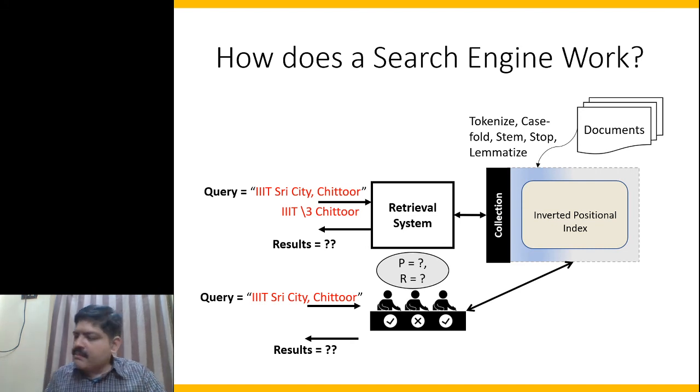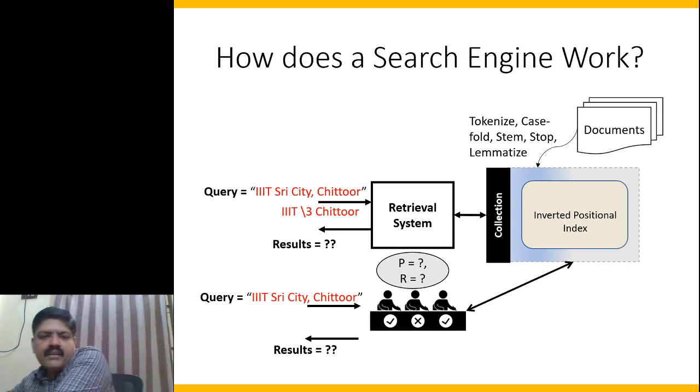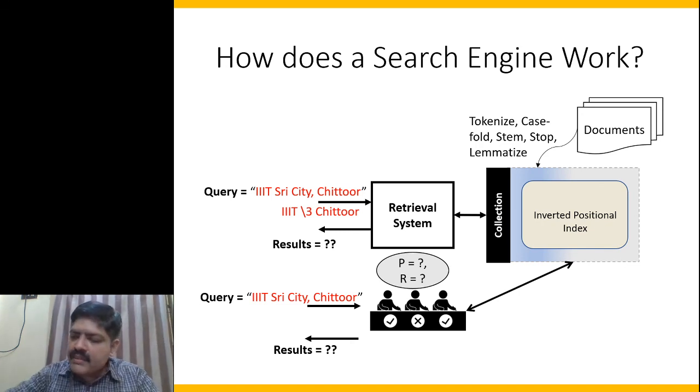So let me summarize where we are at the moment. We are building a retrieval system, and the retrieval system's job is to match the user given query to a collection of documents. The way we proceed is, first we create an inverted index. We have many different strategies to create an inverted index.